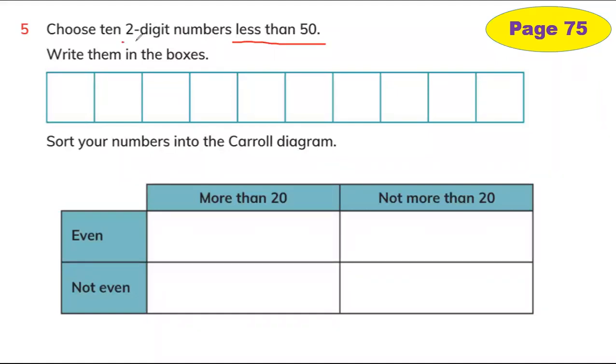And two-digit number, like, I'm going to write here 12. This is a two-digit number, 1 and 2. You have to choose any number from 10 to 50, because 10 is a two-digit number, and it should not be bigger than 50. I'm going to write 43, 46, 49.